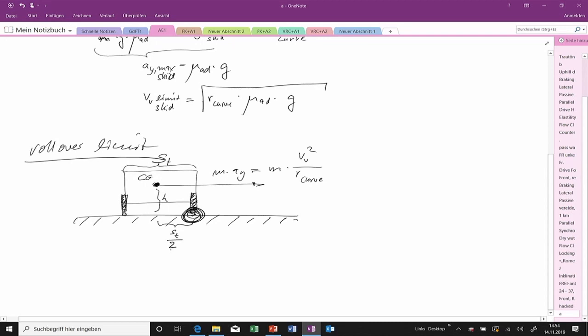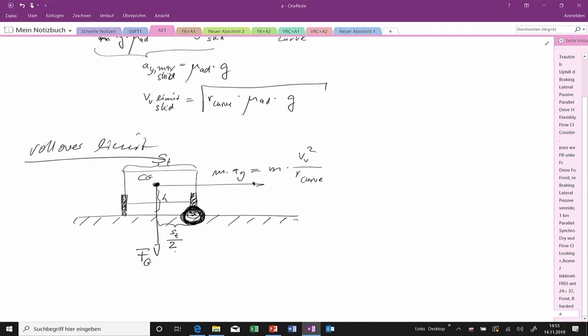And again, here is a gravity force acting on the center of gravity, and related to that pivoting point here on the right tire, this gives a torque which is s_t divided by 2 multiplied with the weight of the vehicle.